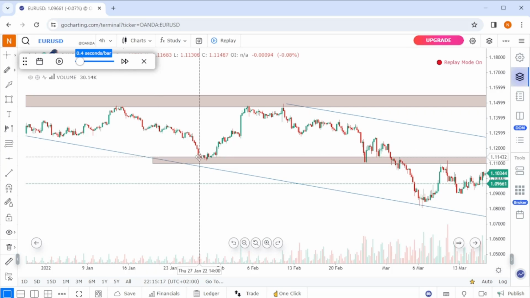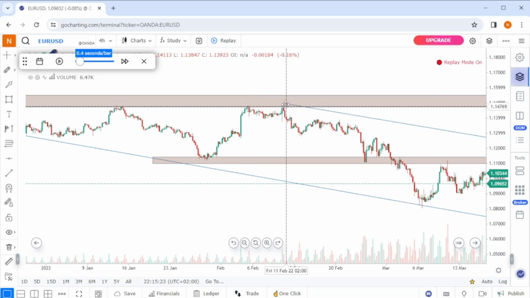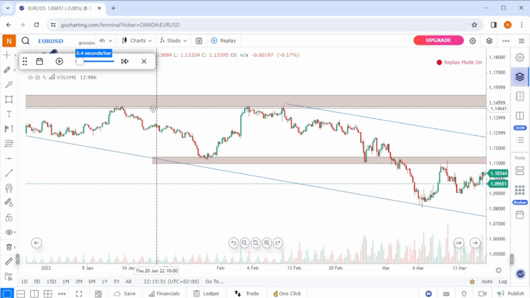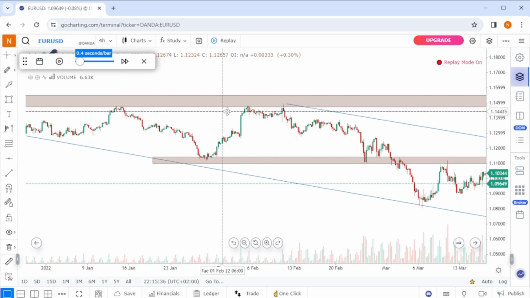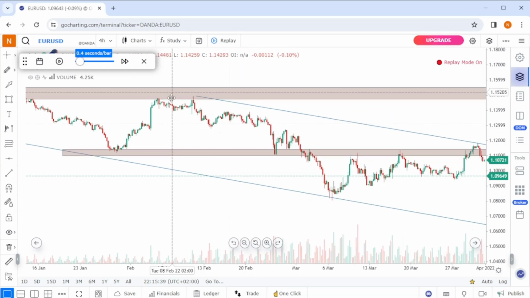Instead, it came down, gave it a second attempt to buy above, but still couldn't. It came again for the third time, still couldn't buy. So at this point, we knew that this is our resistance area because price is failing to break beyond it.